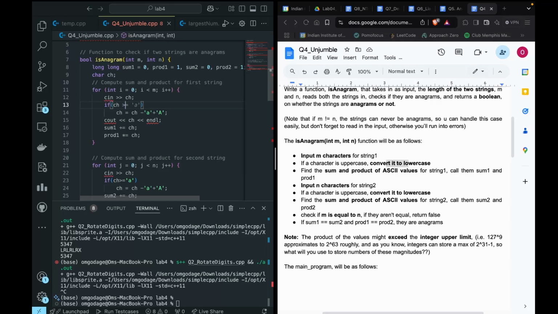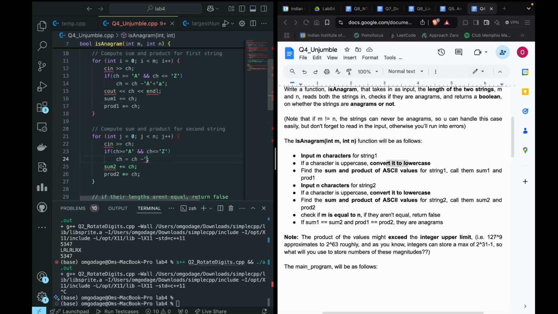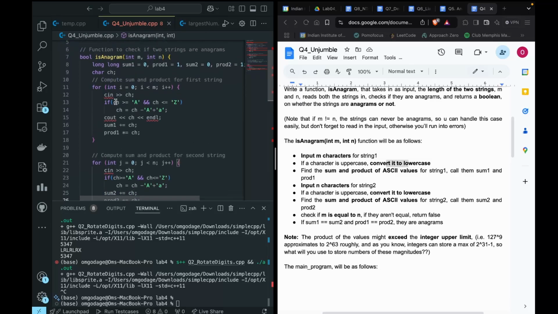If character is greater than or equal to a, and then character is less than or equal to, okay, similarly over here, okay, fine. So if the character is an uppercase letter, then I convert it to lowercase.